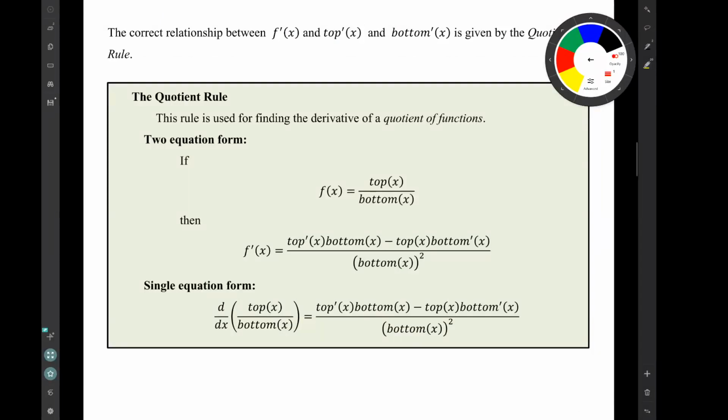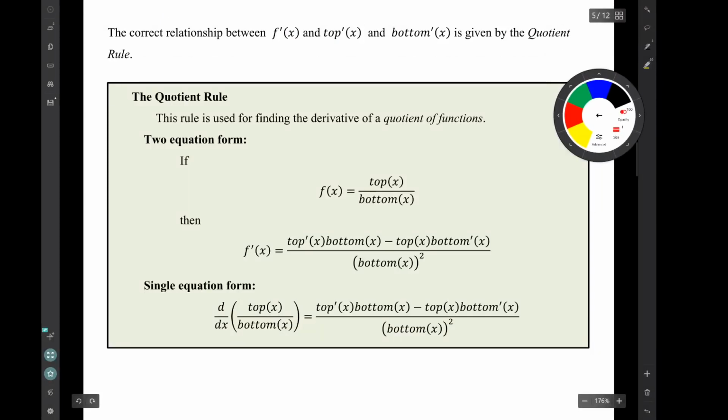So the correct relationship between f prime of x and top prime and bottom prime is given by this complicated rule called the quotient rule, used for finding the derivative of a quotient of functions.